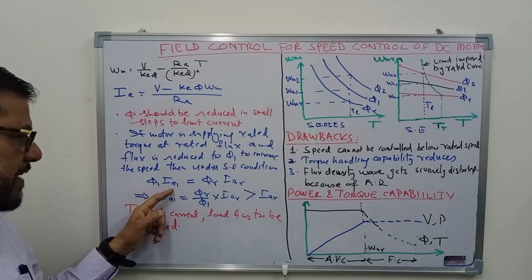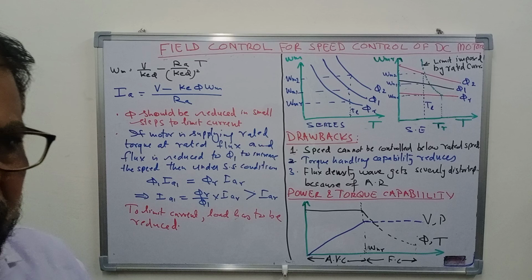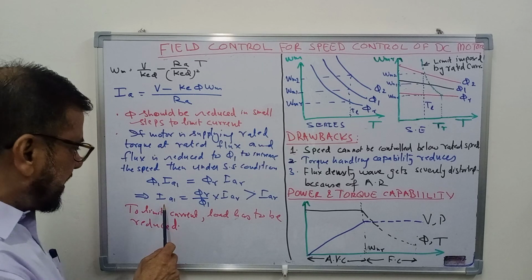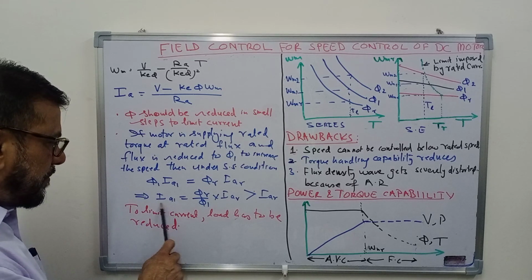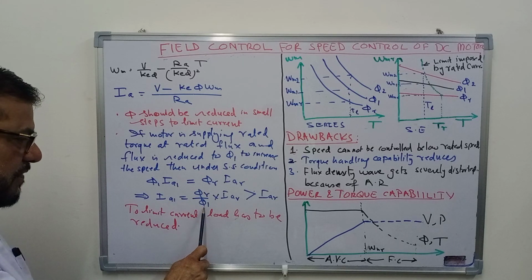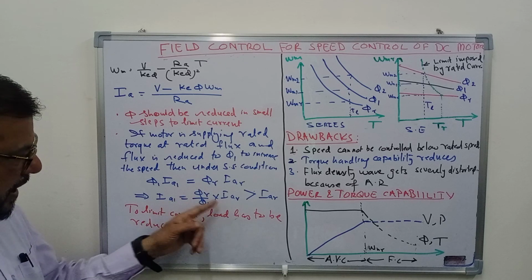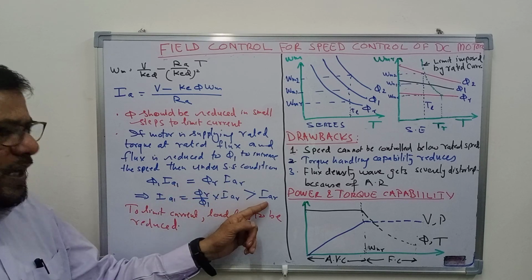So phi 1 Ia1 will be the same as phi r Iar if the load torque is constant. This means that the motor will draw Ia1 equal to phi r upon phi 1 into Iar. As phi 1 is less than phi r, Ia1 will be more than Iar.